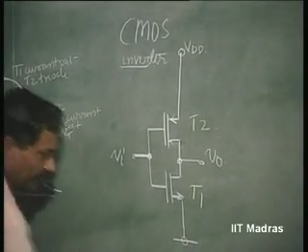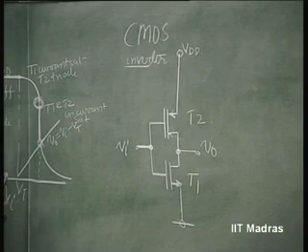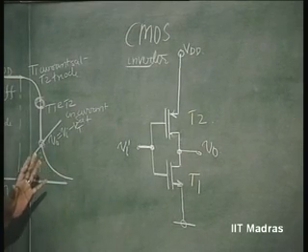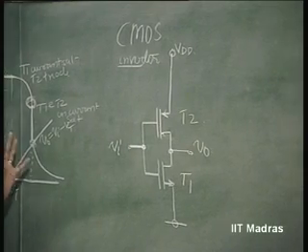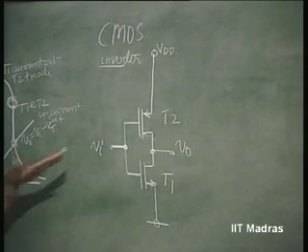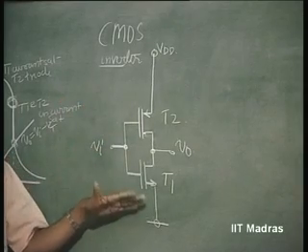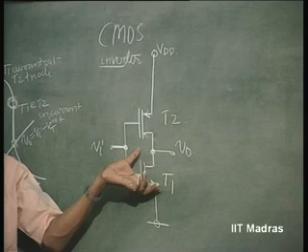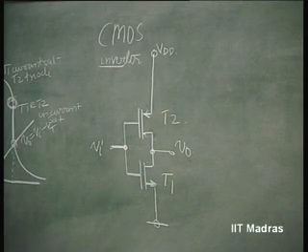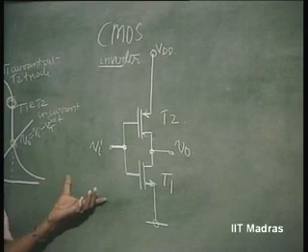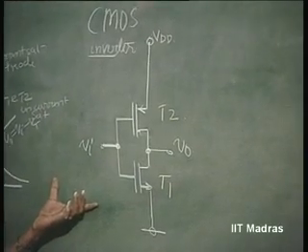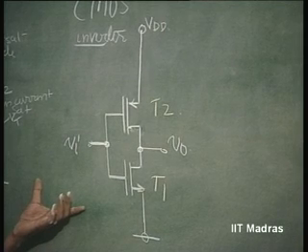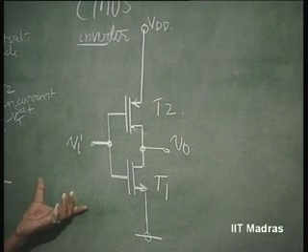So, unlike the other inverters which used the same type of enhancement MOSFET, either N or P, here we are using NMOS and PMOS in combination, the complementary MOSFET. This is the most important basic building block for VLSI design. Also, it is used as an inverter in analog circuitry. Let us see what it is.